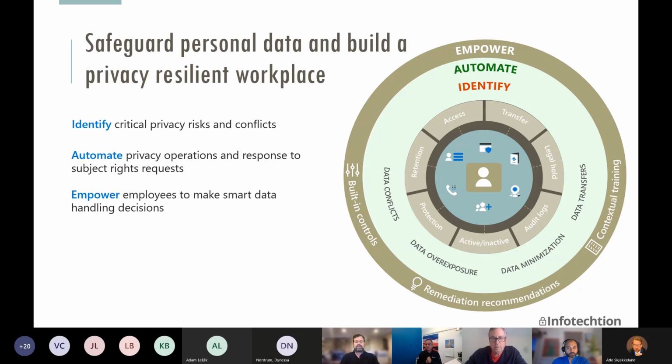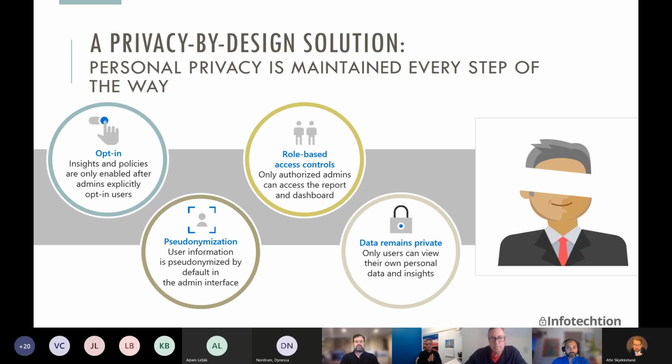just to ground what I mean by this privacy solution, it really talks about these things, right? We opt in insights and policies. After you hit yes, we give you that dashboard visually showing you what it is. Second, customers told us when we were engineering and designing this, look, I don't want even John's information, someone in the SOC or the security office or the compliance office, seeing his sensitive information.